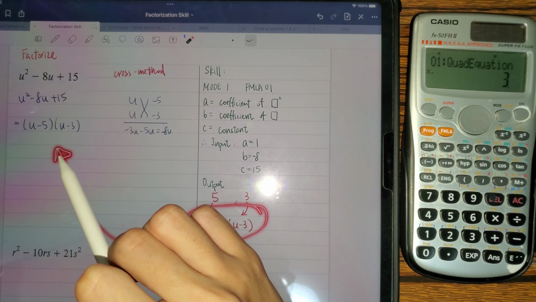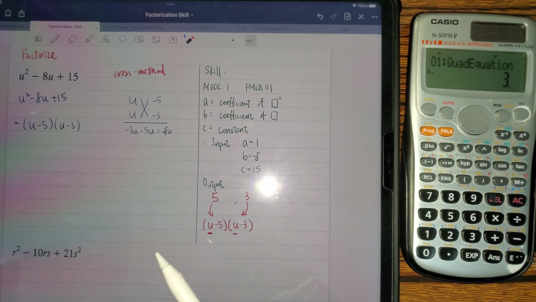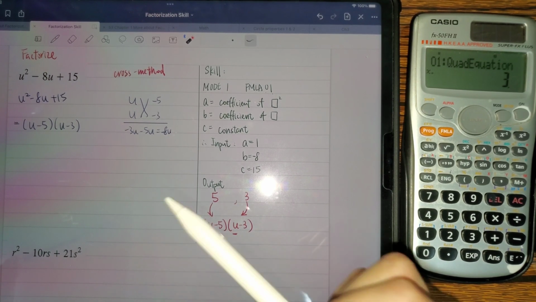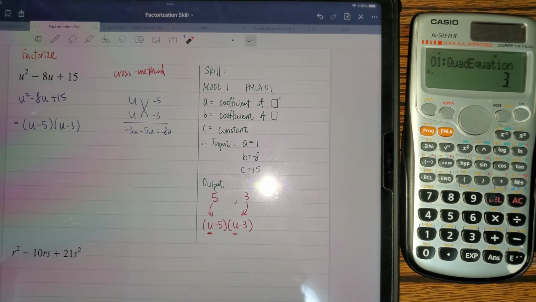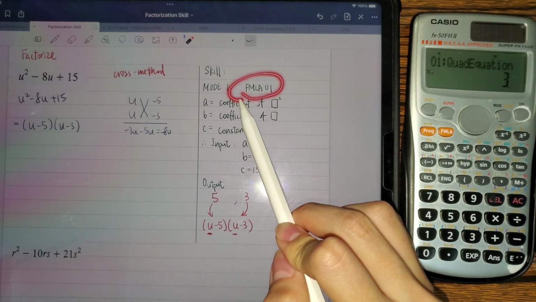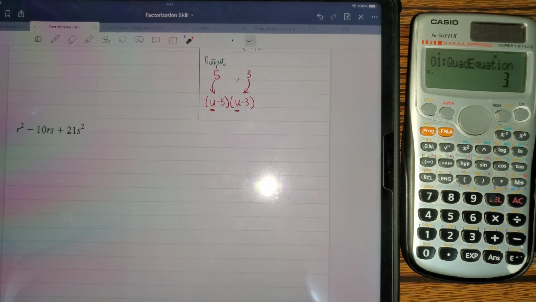But don't forget, because in your exam, the cross method also costs 1 mark. So please don't forget the cross method. Just copy it from your answer. So now you have learned the first part of using Formula 01 as your skill when you are using the cross method. Let's try the next questions.